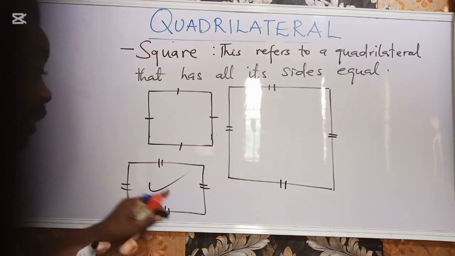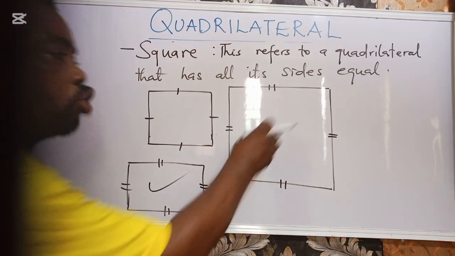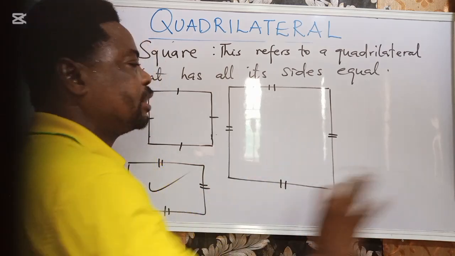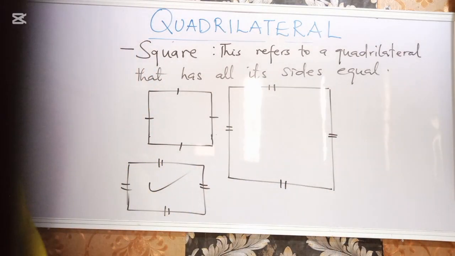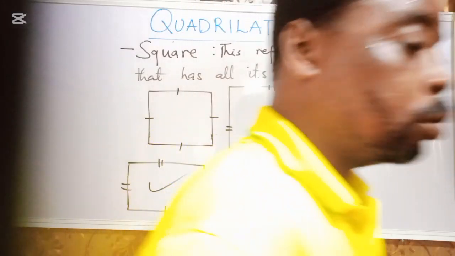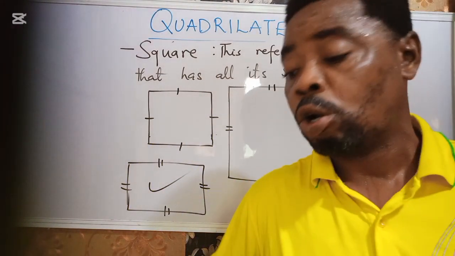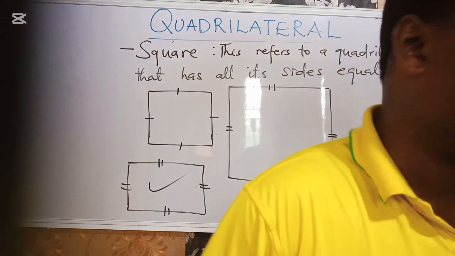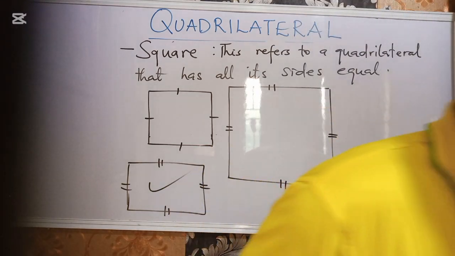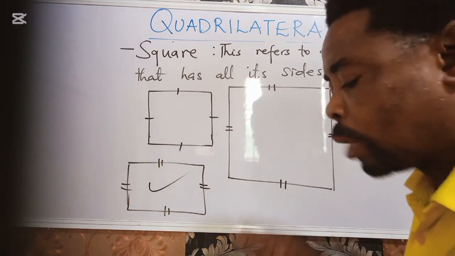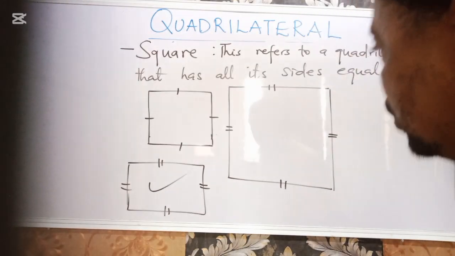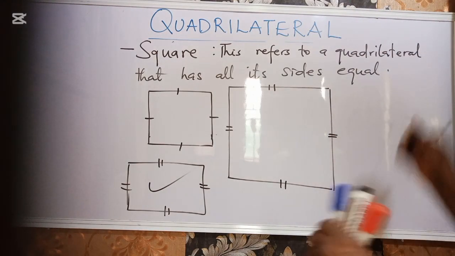If I just think that this is a rectangle, then it's a rectangle. If you don't put this mark there, then you have left me to decide on what I'm going to do concerning what you have drawn, because I will be the judge. So you just have to make sure that you are on top of your game. Remember the marks to put there so that the teacher can know that yes, your intention is to draw a square. Now let's go to the properties.